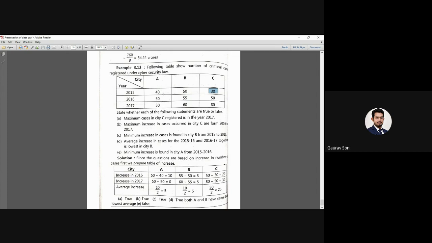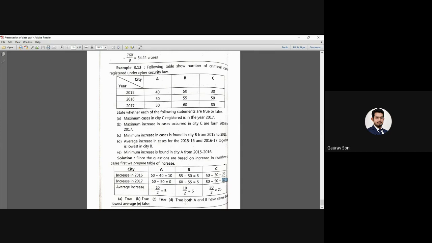So the rise of 10 is there. So increase in 2016 is 10. Similarly, increase in the year 2016 for city B is 5. Increase in the year 2016 for C is 20. Similarly, the increase in 2017 is 0 for city A, 5 for city B, and 30 for C.